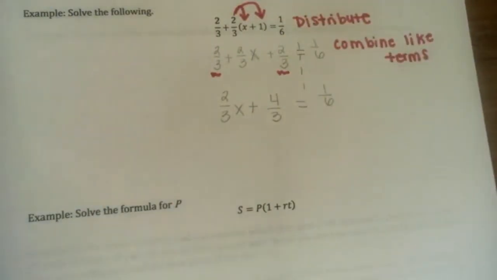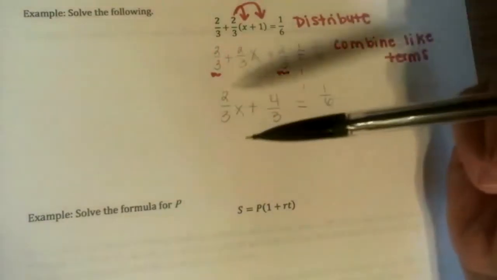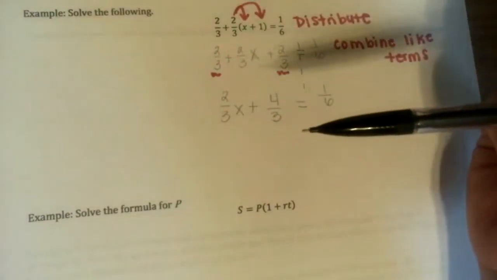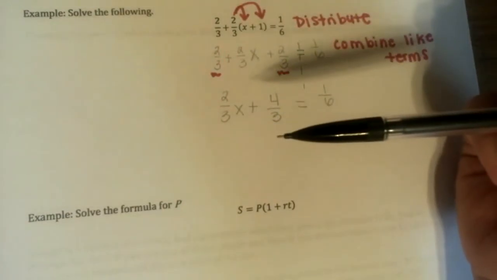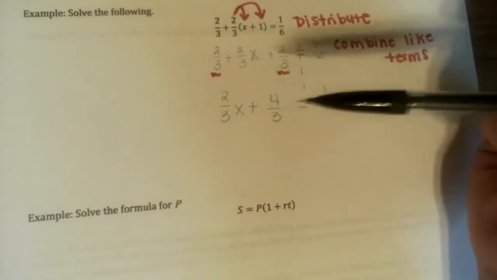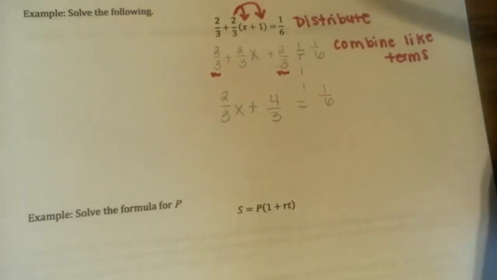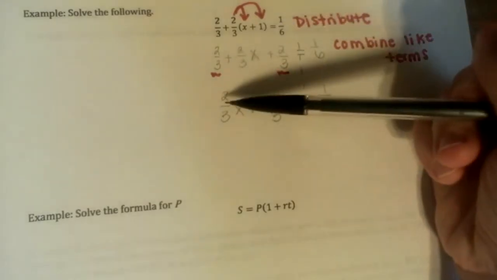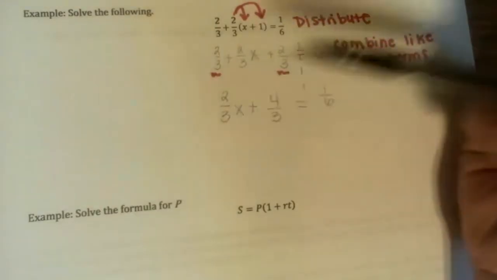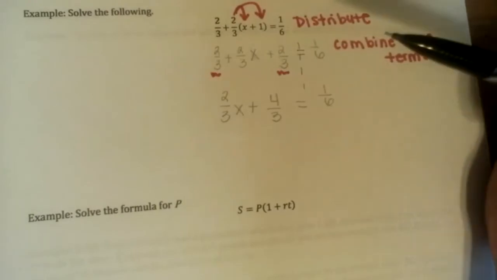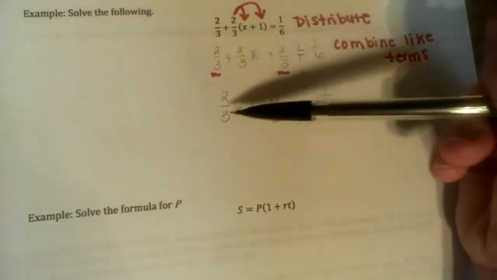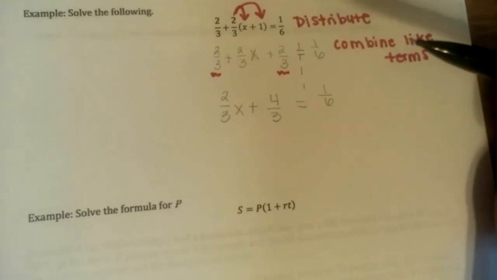All right, so now we did that part. So now I look at this and I'm like, man, this would be so much easier if I didn't have fractions. So let's get rid of them. Fractions mean divide. This is saying 2/3, which is saying 2 divided by 3. So in order to get rid of something, we do the opposite. So what's the opposite of dividing? Multiplying.